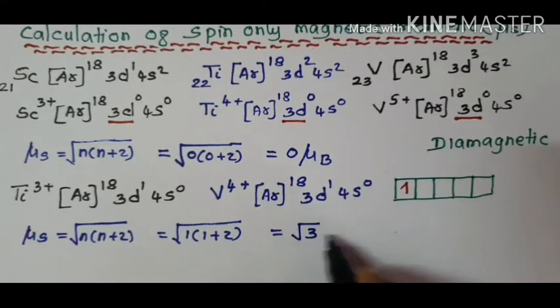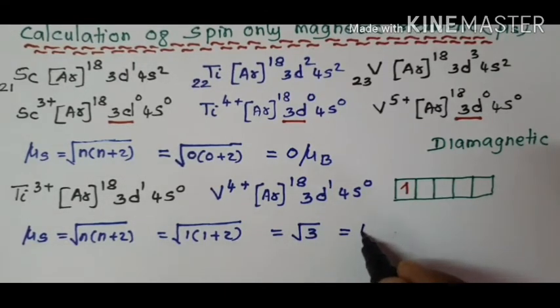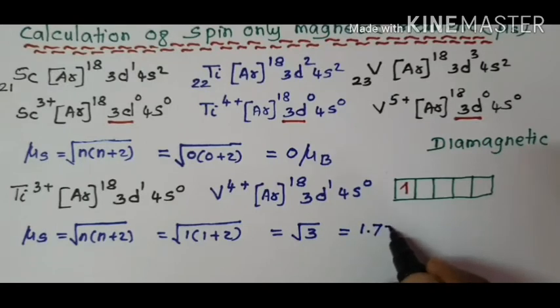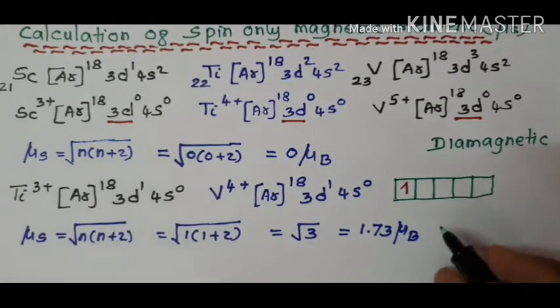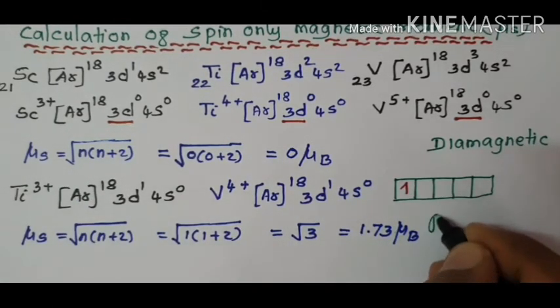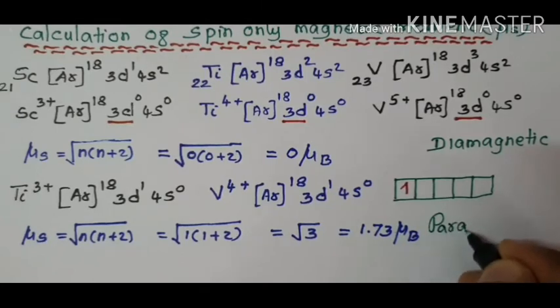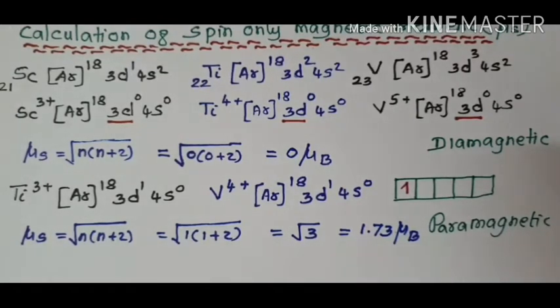Root 3, the value of root 3 is 1.73, the unit of magnetic moment being Bohr magneton. Due to the presence of an unpaired electron, titanium 3 plus and vanadium 4 plus are paramagnetic in nature, due to the presence of one unpaired electron.